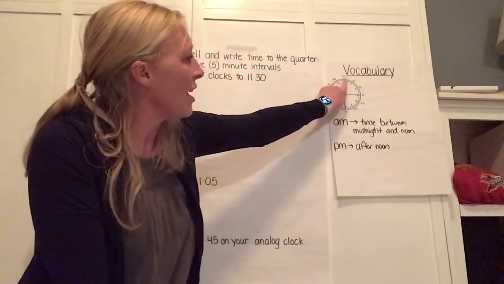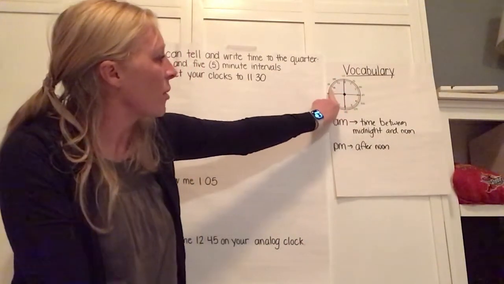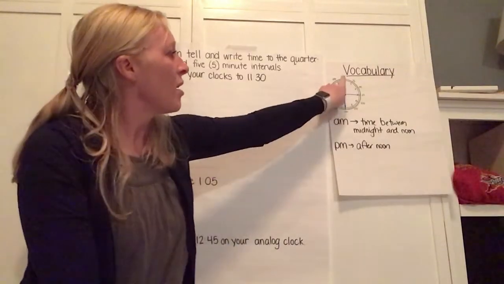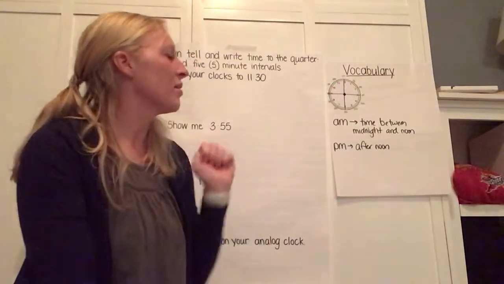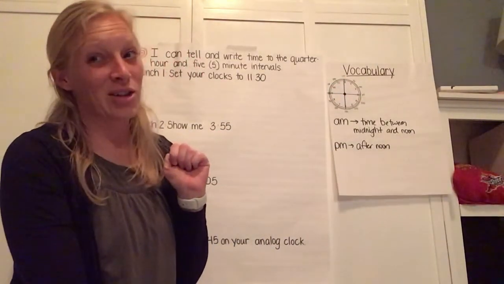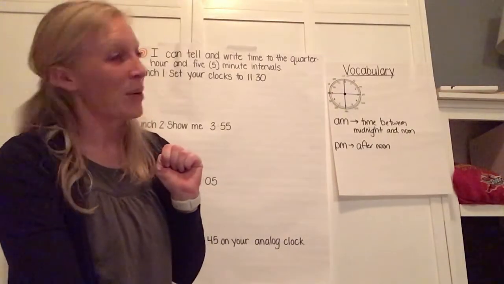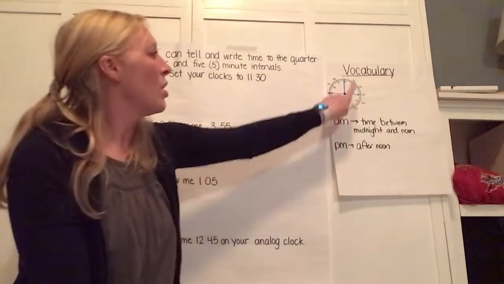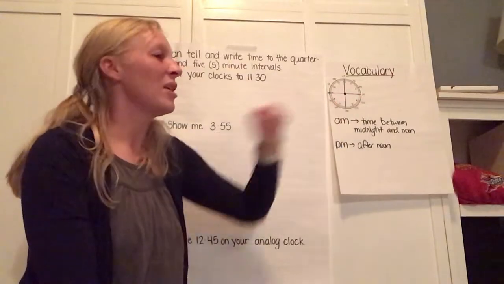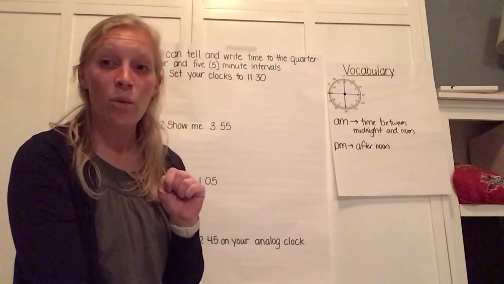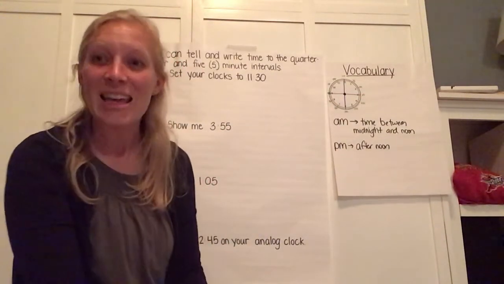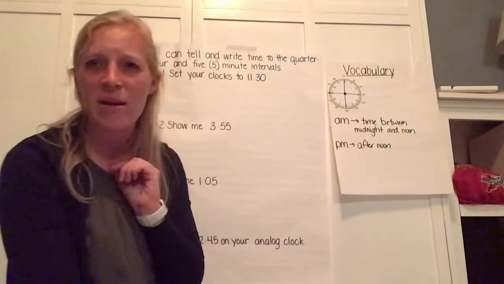Remember, when we're looking at our time to the quarter hour, we can look at those points on this little divided clock, but we're not just sticking to that these days, are we? No, we are thinking about our time to the every 5 minutes, or what we call our 5-minute intervals, our little chunks of 5 minutes.